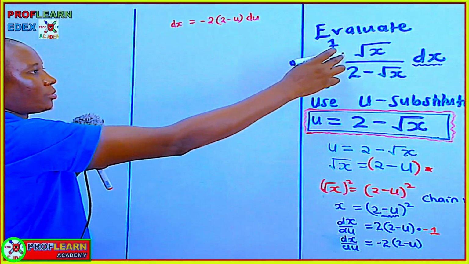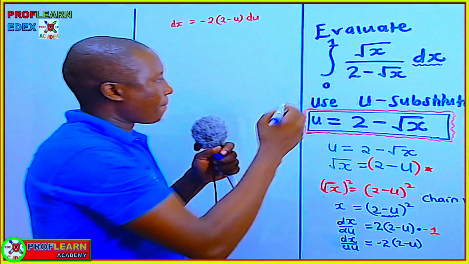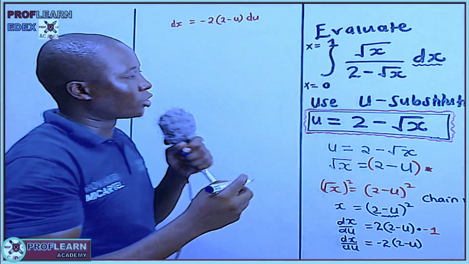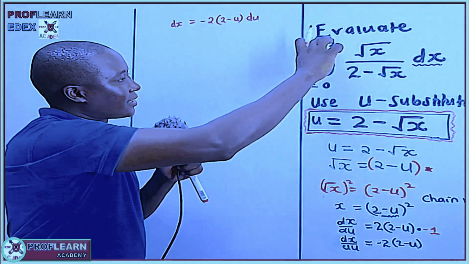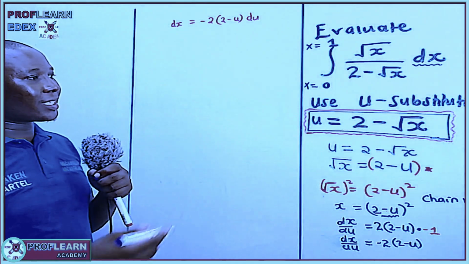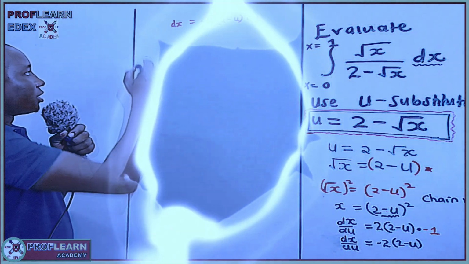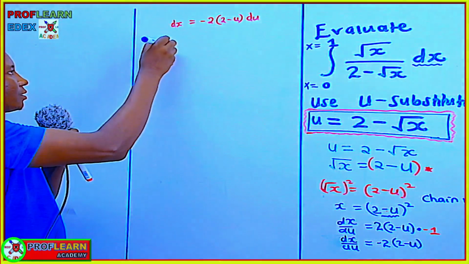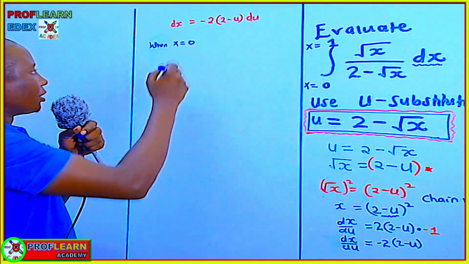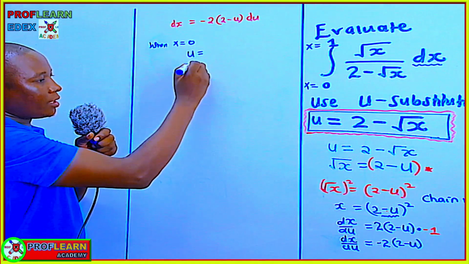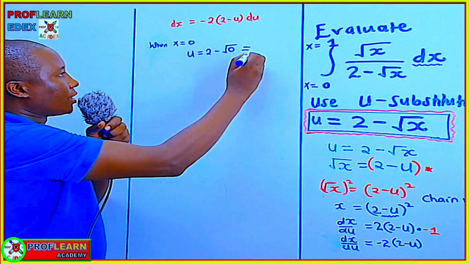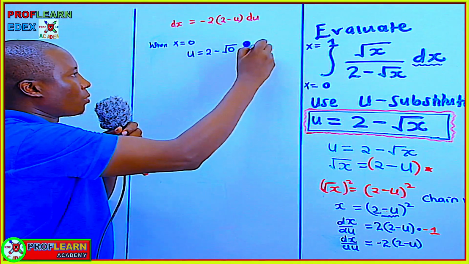Now let's rewrite the expression in terms of u. We have x equal to 0 and x equal to 1. We need to write these values of x in terms of u before we start replacing everything. When x is equal to 0, what is the value of u? u is equal to 2 minus square root of 0, and u becomes 2.